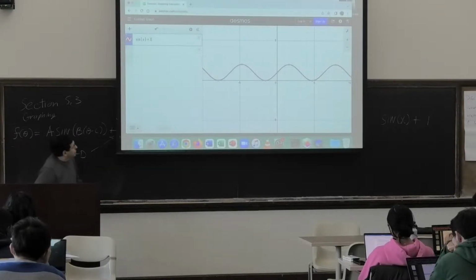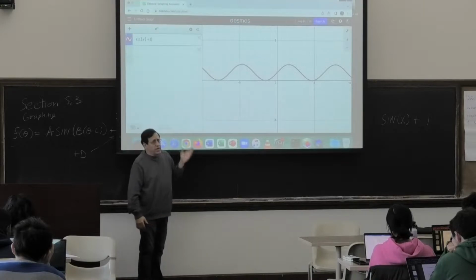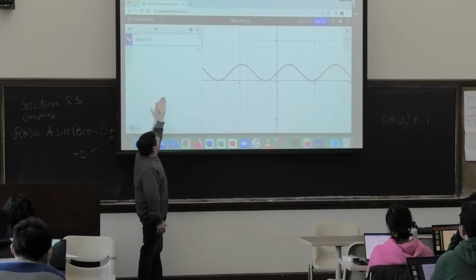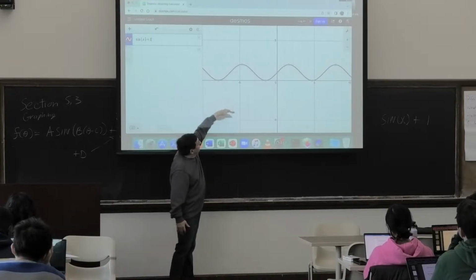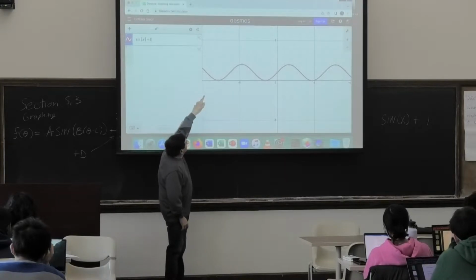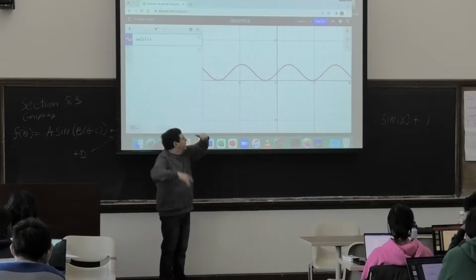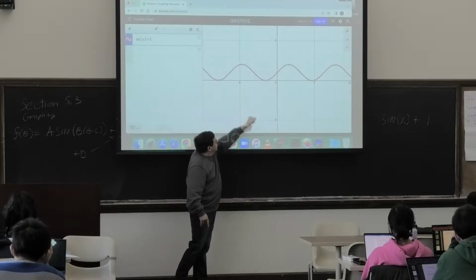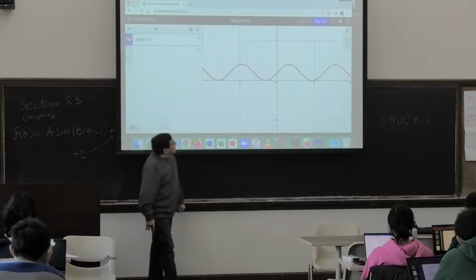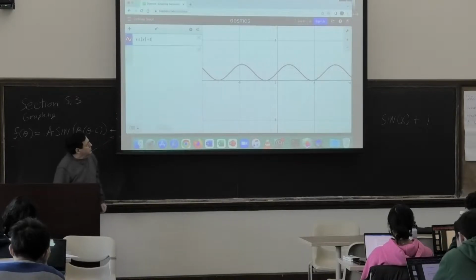Okay. All right. So you can see, just like any other function, if you just add a fixed value, it moves it up. Since the sine wave goes between -1 and 1, if you add 1 to it, now you can see the bottom of the wave is the x-axis. So that's just a typical, should be an obvious transformation.